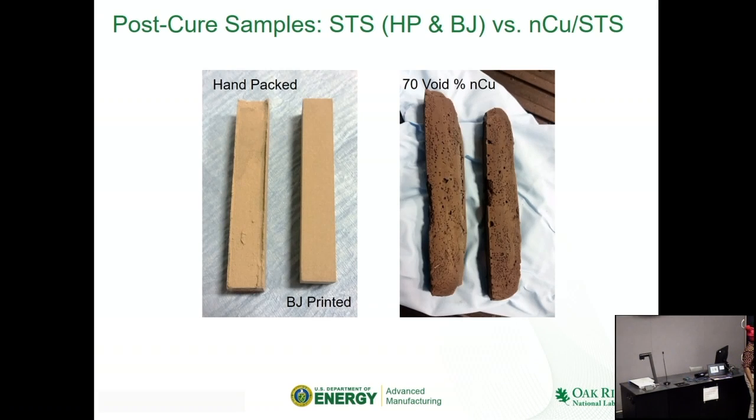So additive manufacturing has a world of capability, right? What was printed is very nice and smooth, versus what we had to do to simulate this printed. Because we're not at the point where we want to just put nanoparticles in the binder and have the machine try to jet it out.